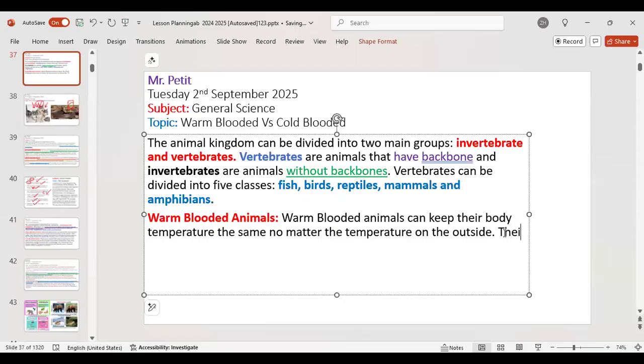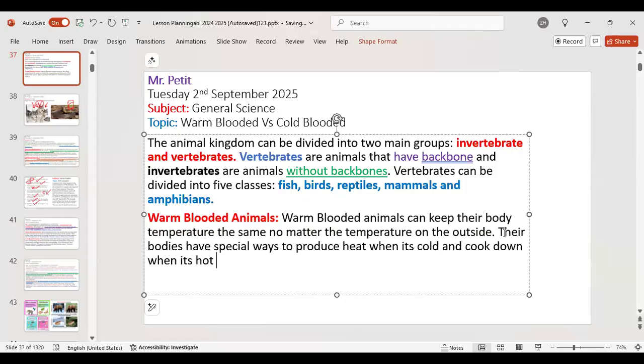Their bodies have special ways to produce heat when it's cold and cool down when it's hot.